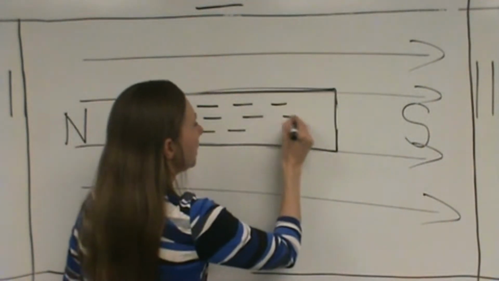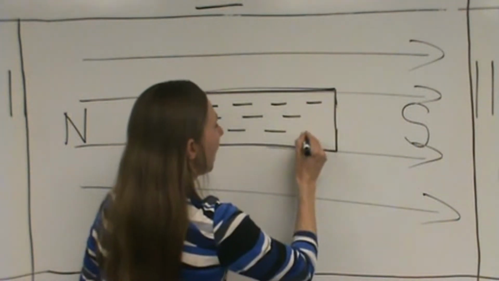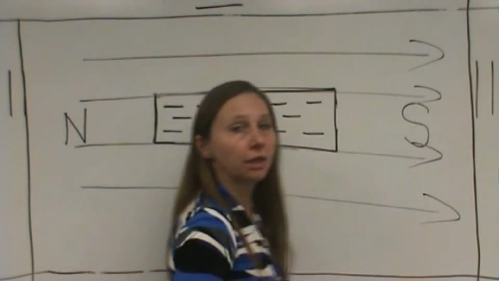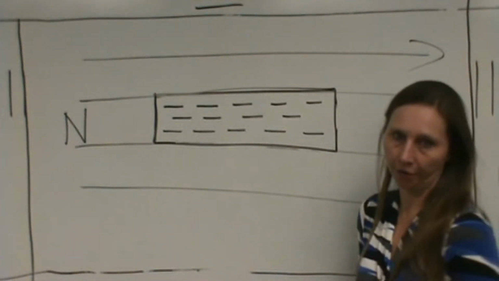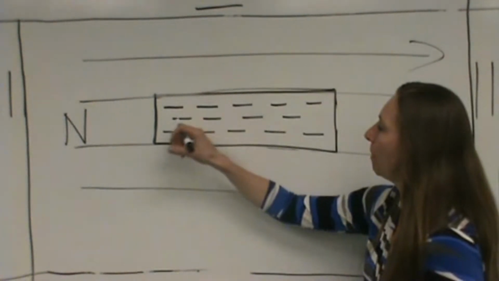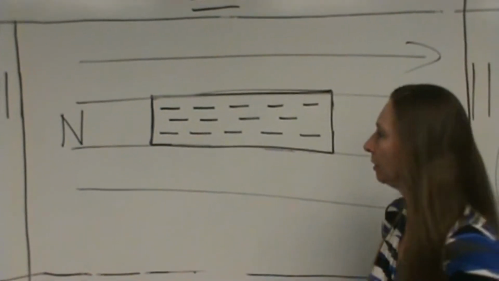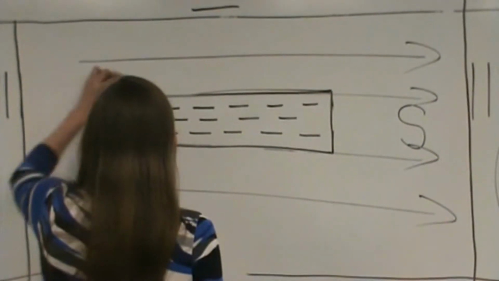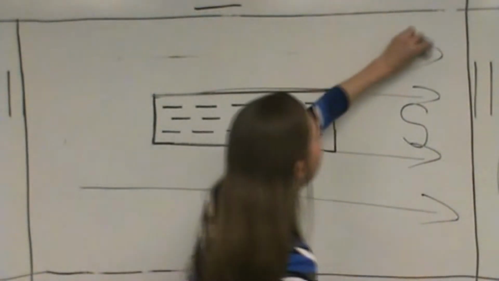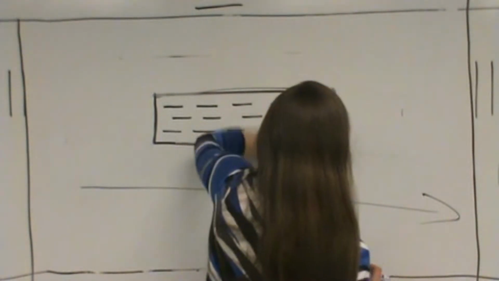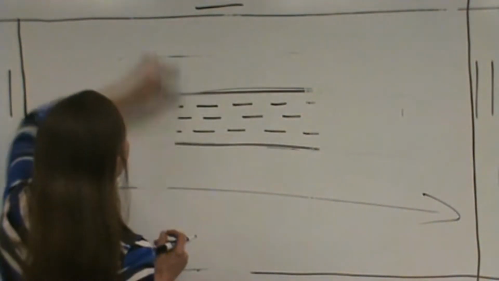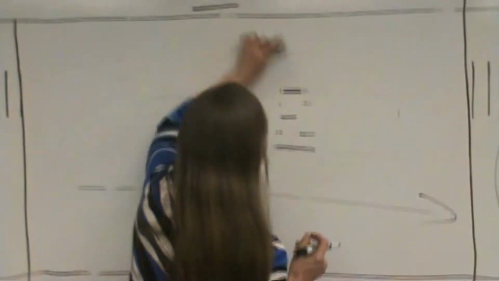We have just created a permanent magnet from what was originally just a piece of iron. The little domains are now all lined up. They're all working together. And you now have a magnet. Okay, now let's take a look at our magnet.